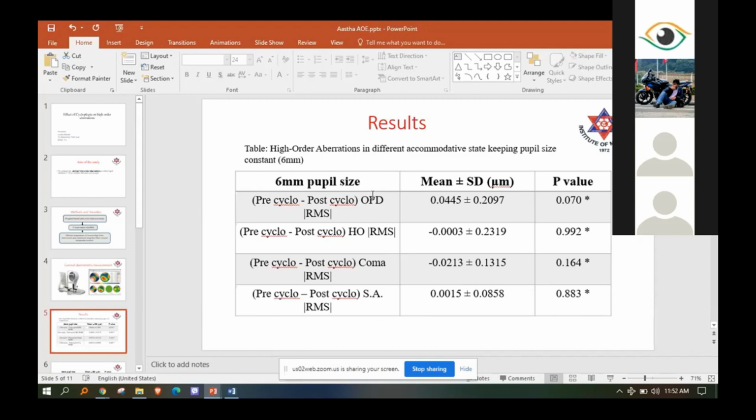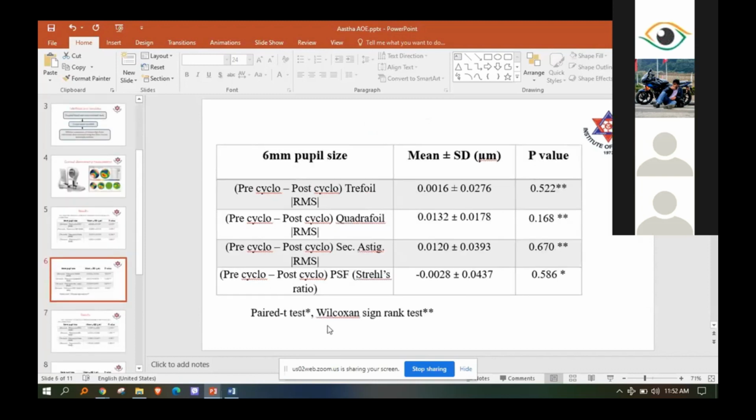In 6 mm pupil size, different components were recorded: optical path difference, root mean square of total high order aberrations, coma, spherical aberration, trefoil, quadrafoil, and secondary astigmatism, likewise point spread function, which is measured in terms of Strehl ratio.